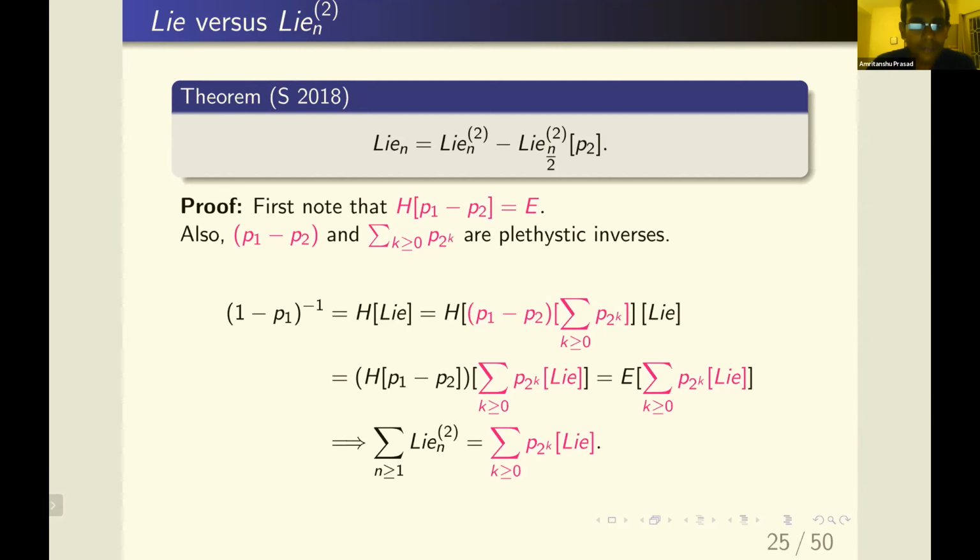So I don't know if this is accidental or there is something deeper behind it. My feeling is that it's too nice to be accidental, but I don't know. And then Len has a basis given by Lyndon words. Yes. So it would be nice to have a similar theory for Lie.